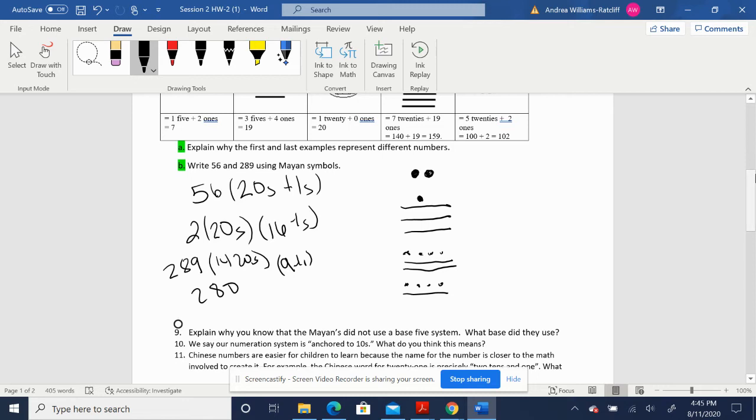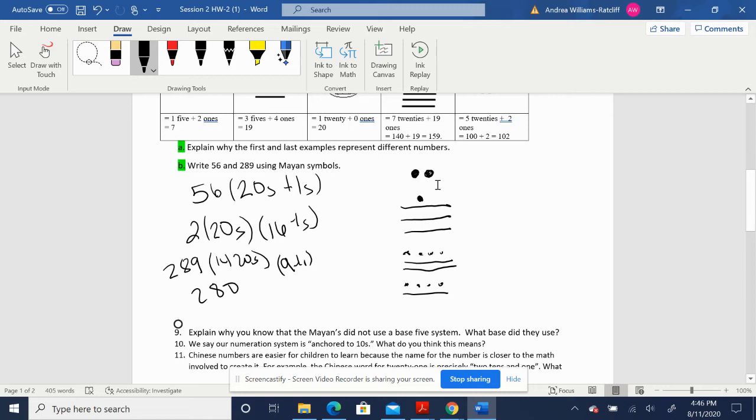Okay. It asks us now to explain how we know that the Mayans did not use a base 5. Whenever we're trying to write our digits in our numbering system, we group by tens. Okay, so to transition out of the ones place, we have to have 10 of something to move up. Here, if you look at the structure of the Mayan system, once we transition out of the ones place, we're not moving into how many 5s, we're moving into 20s.